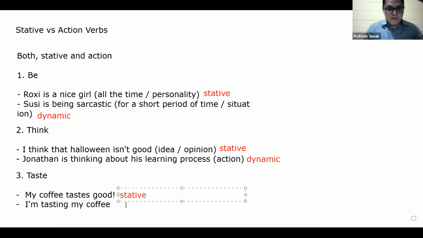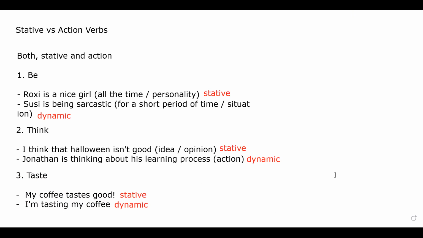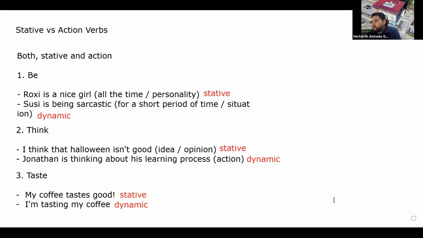And the second one represents a dynamic verb. All right. Are we clear on this? Yes. Brian, are we clear on this? Gabby? Yes. Okay. Herbert? Yes. Okay. Perfect. Perfect.